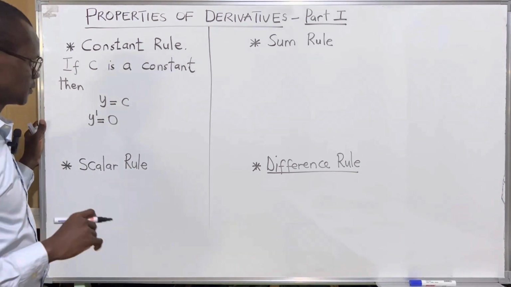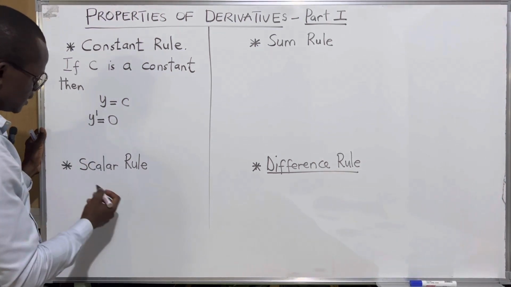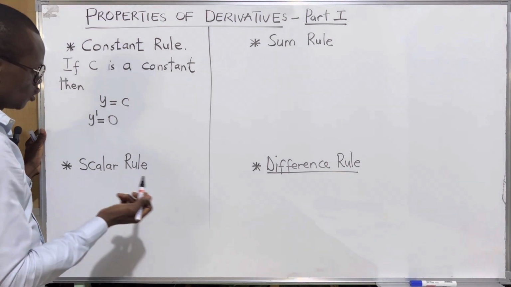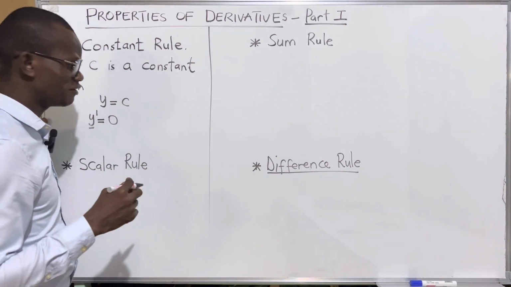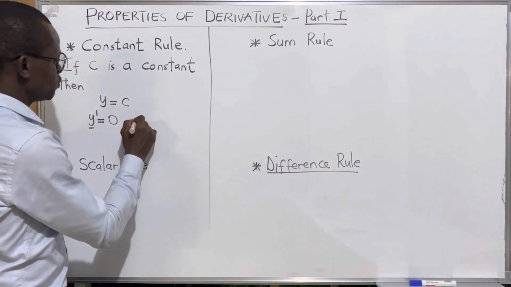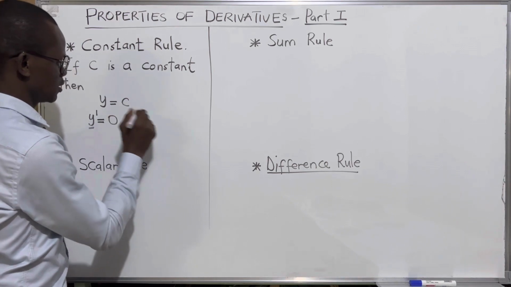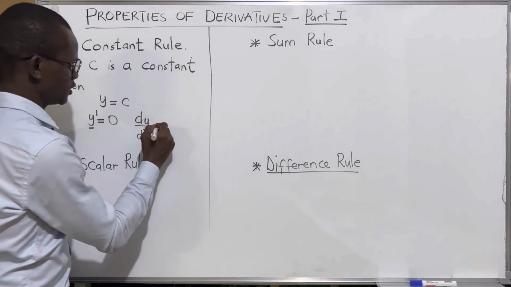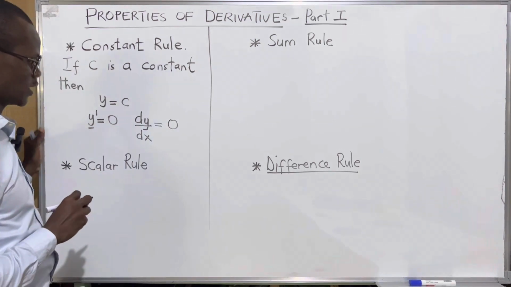And we want to prove that. Or better still, you can also use other notations that we discussed in previous videos, like saying dy by dx. So this is just equal to 0 as well, right?